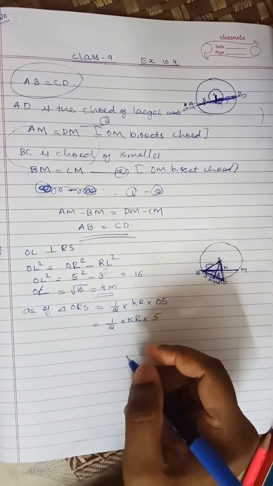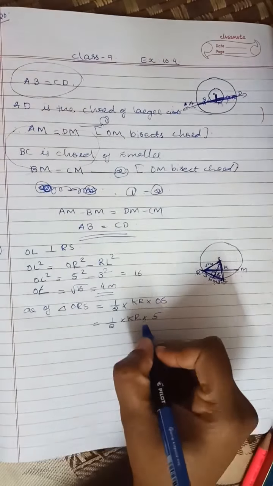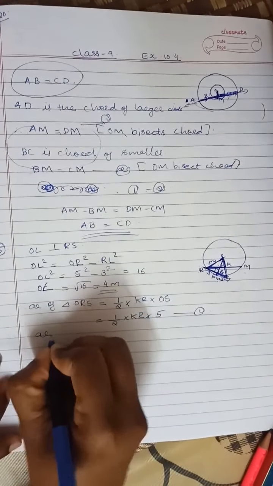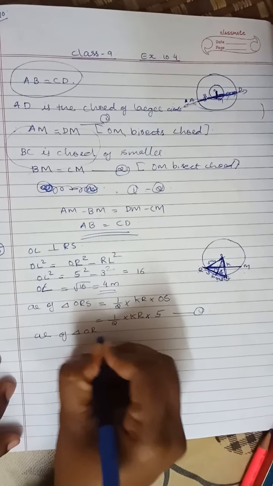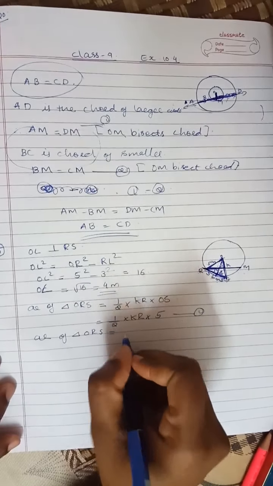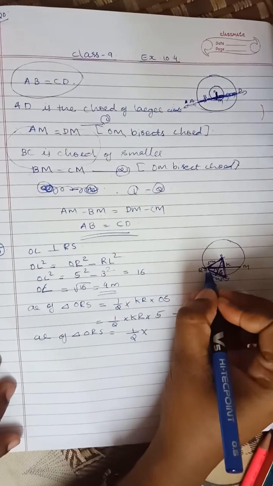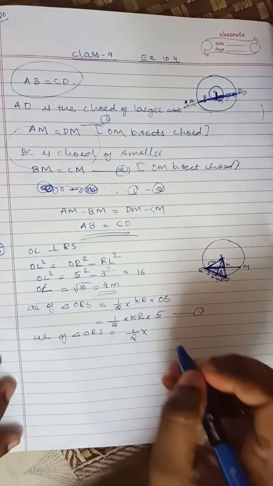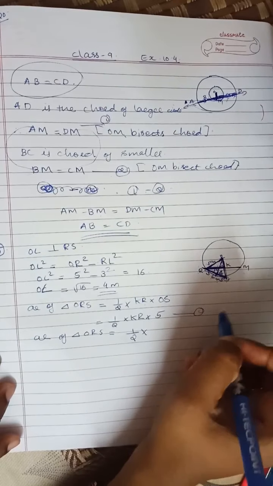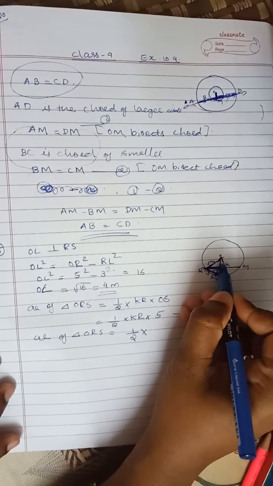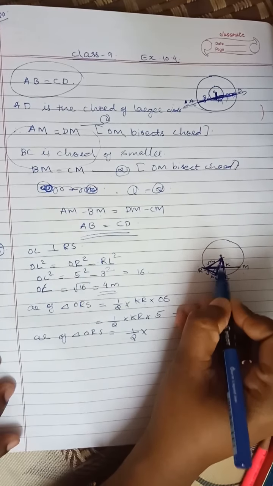So area of triangle ORS we can calculate in this way, as well as in another way. Again I am calculating the area of triangle ORS, same equation, half into, instead of taking this perpendicular height, I am taking RS as the base and OL as the perpendicular distance.